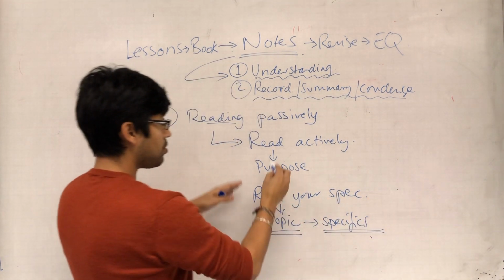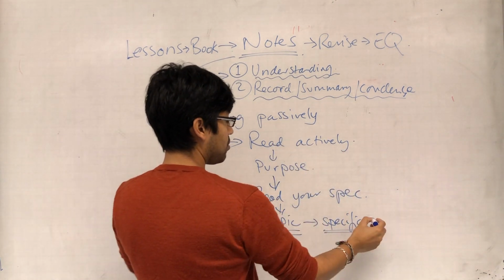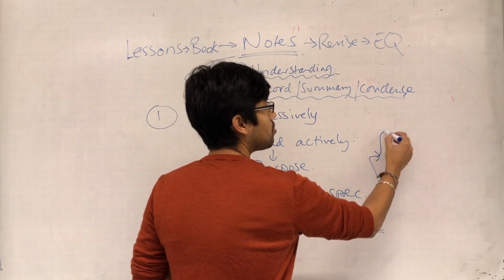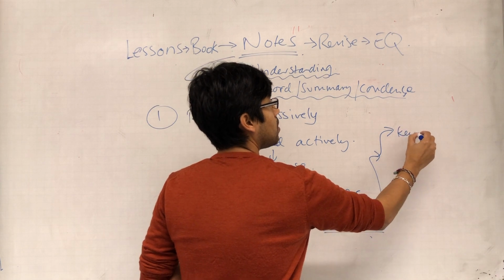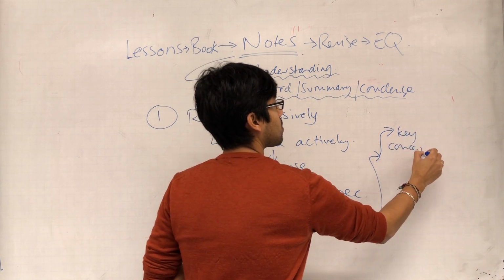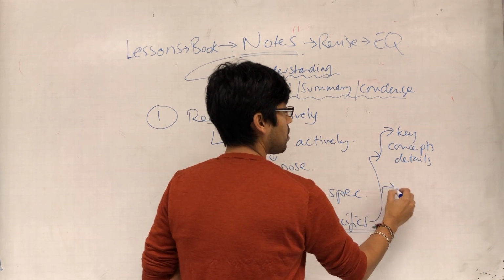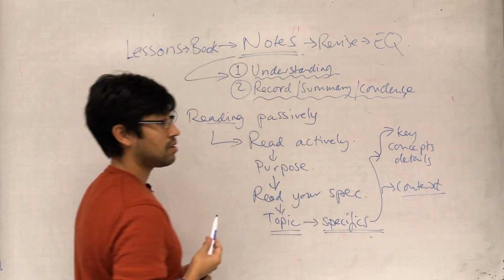So once you do have that, if you're reading actively, and once you know what specifically you're looking for, it will allow you to separate key concepts and details from information that is context. Okay?